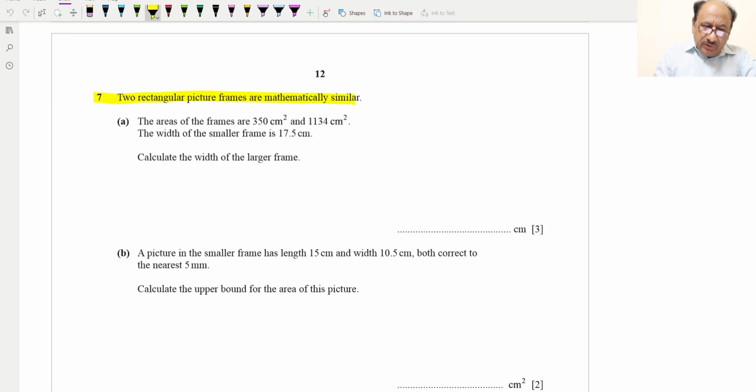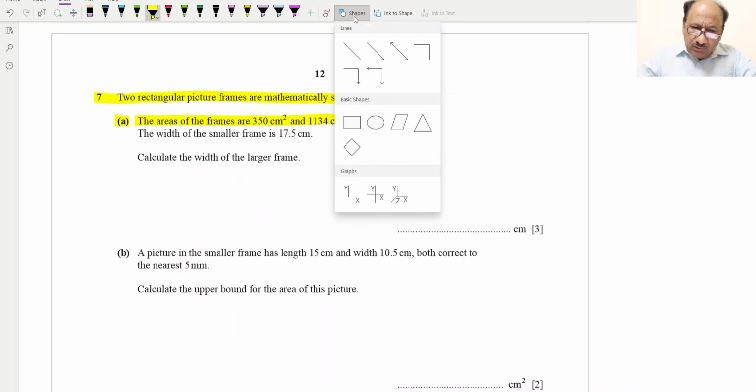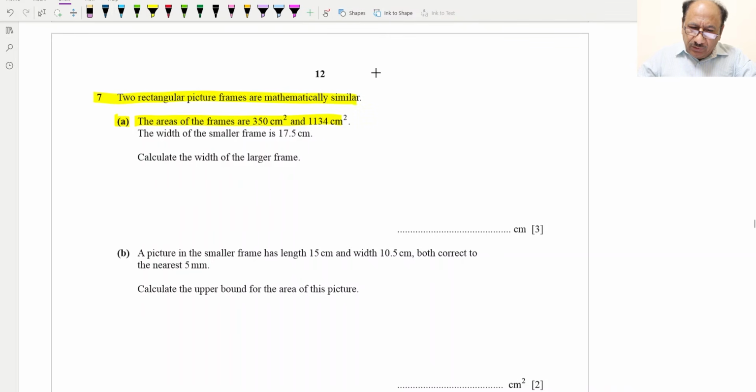Two rectangle picture frames are mathematically similar. The areas of the frames are 350 centimeters square and 1134. So we can just consider two frames. For example, one frame is this one.